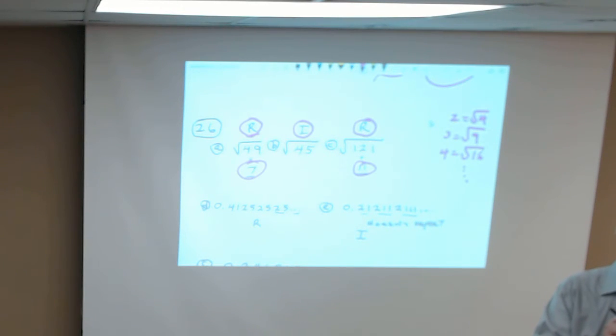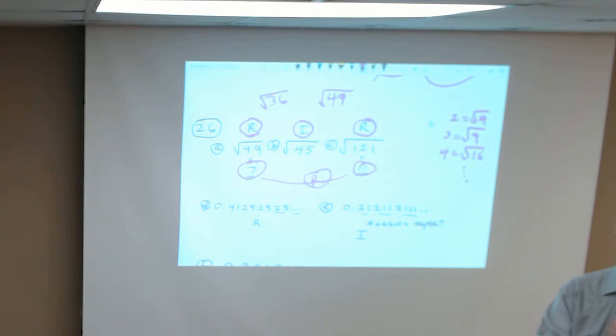So that makes these two numbers rational. But this one in between here, radical 45, is really between what two rational numbers? Let's see. 7 times 7 is 49. Okay, there's the square root of 49 on one side, and 6 times 6 is the square root of 36.